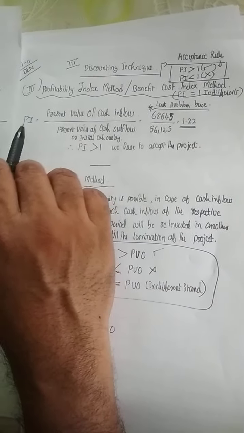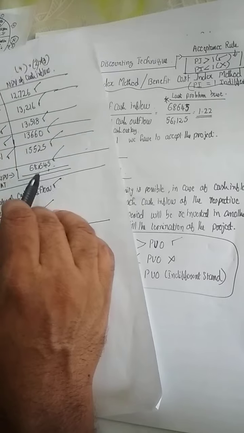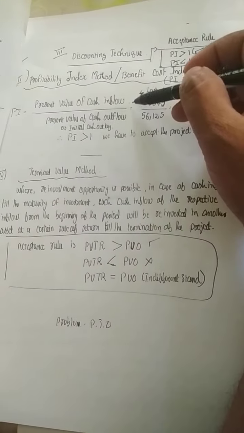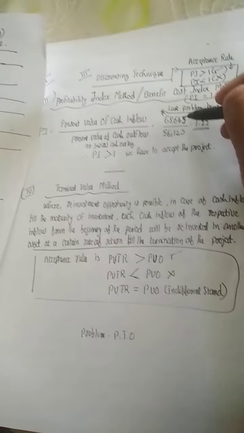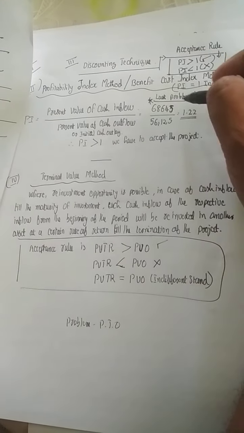Here I am taking the same problem, so I have not repeated the question. Here you have to take these two figures: present value of cash inflow and present value of cash outflow. So that is the equation here: present value of cash inflow divided by present value of cash outflow.